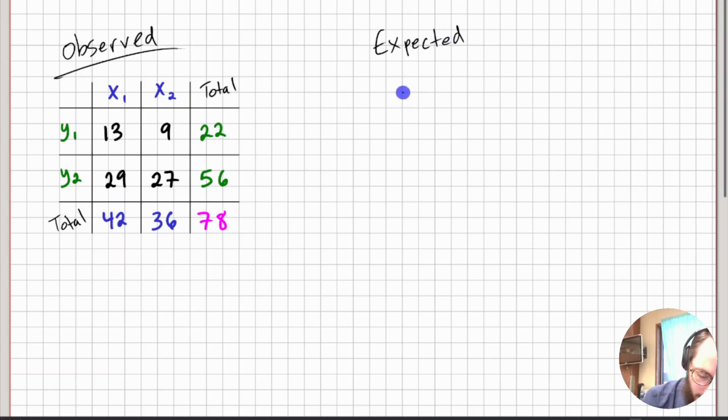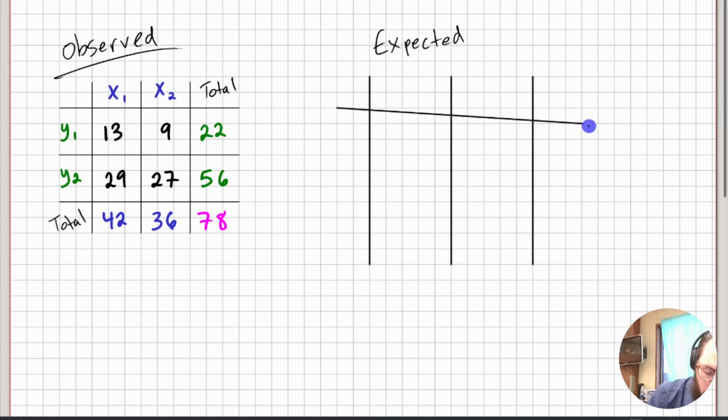So we have our observed values already. That's easy enough. And actually, I'm going to make this a little bit bigger just so we can see what is happening here.